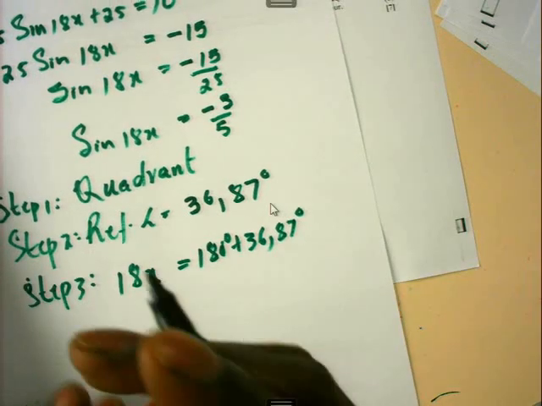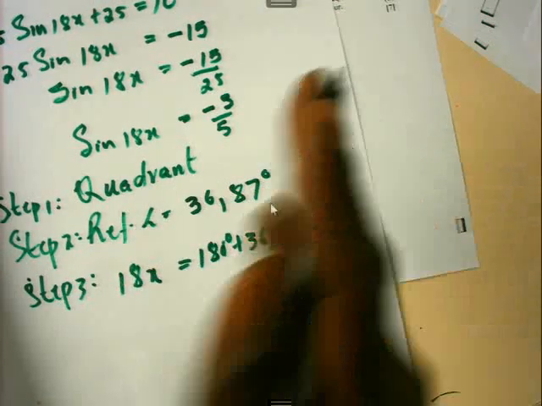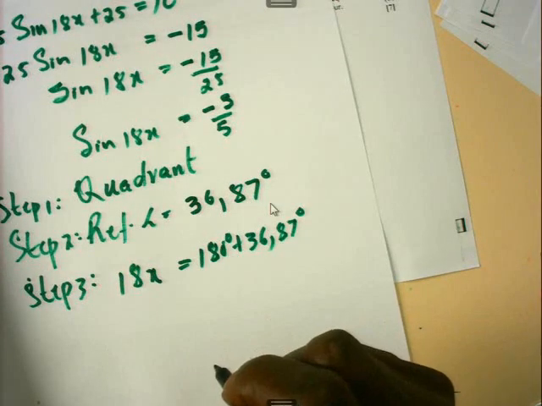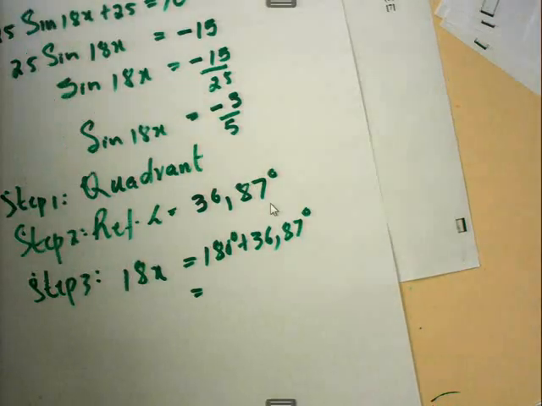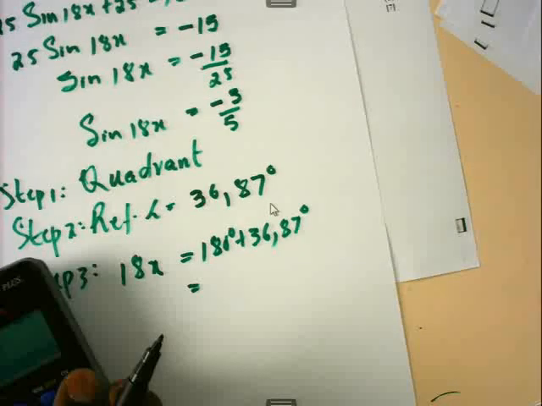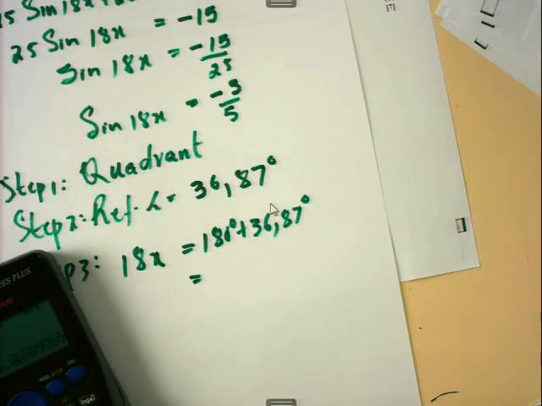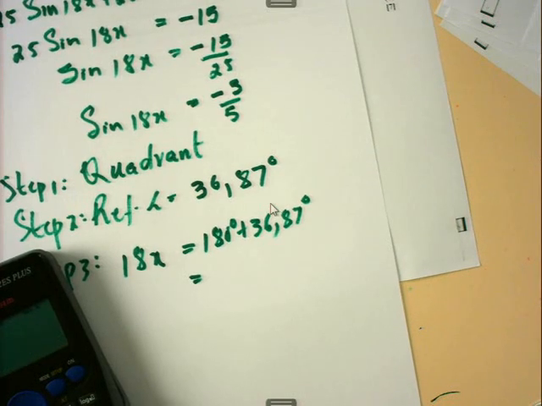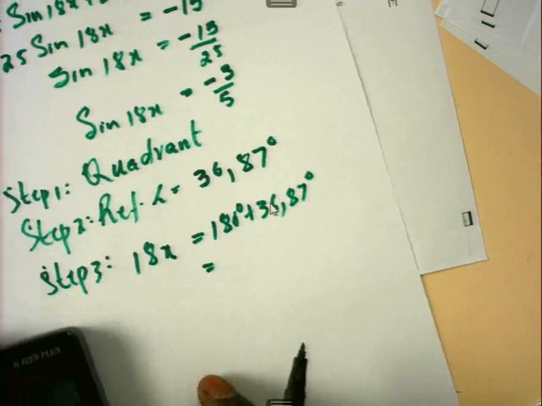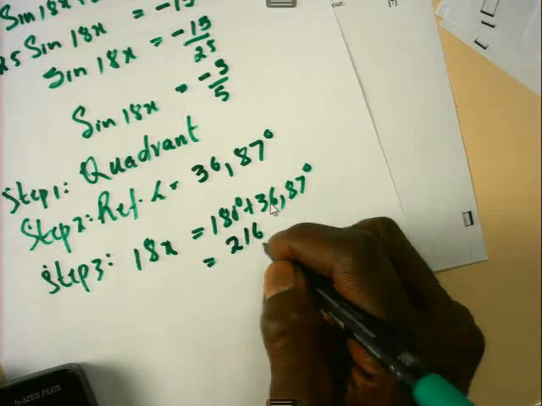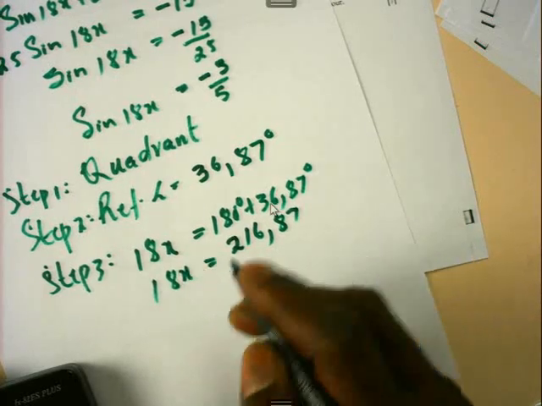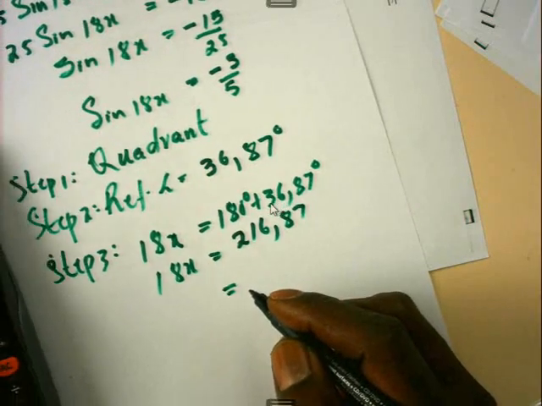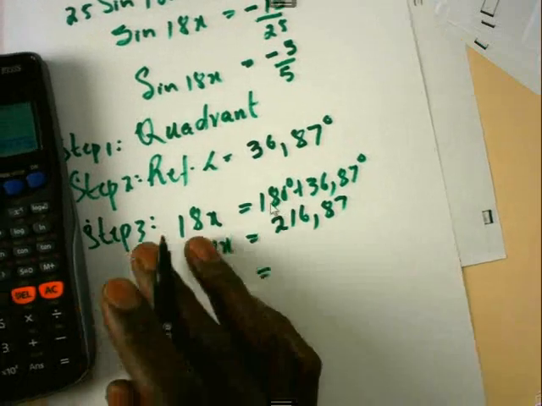They did not talk about the general solution, so let us just leave it as it is. And the next step will be to divide. Okay, let's simplify first. Let's add 180 to 36.87. I'm getting 216.87. That is 18x. And then we must divide both sides by 18.